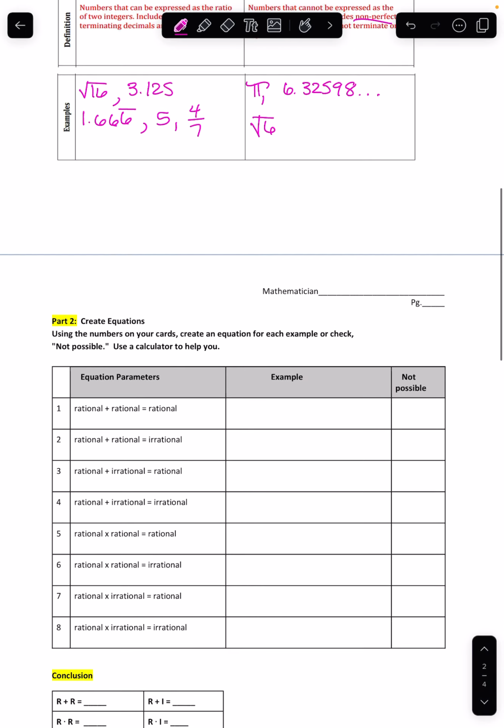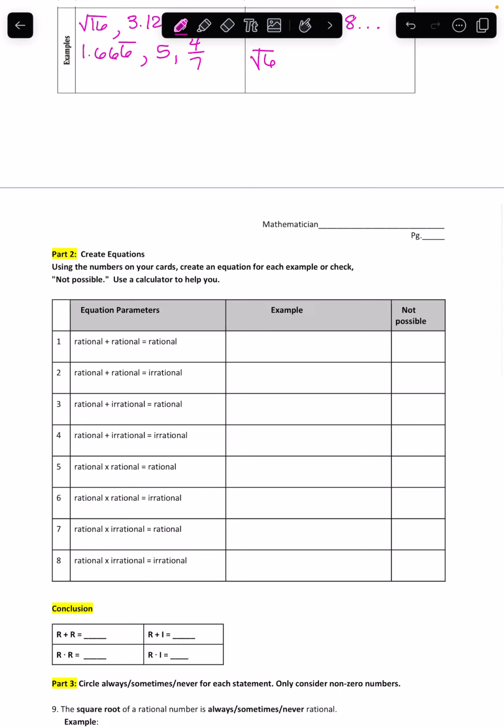All right, create an equation. Using the numbers on your card, create equations, for example, and check. We're not going to use the cards, but we're going to use our own examples. So a rational number plus a rational number. Let's say I do 3 plus 2/3. I can actually add that.